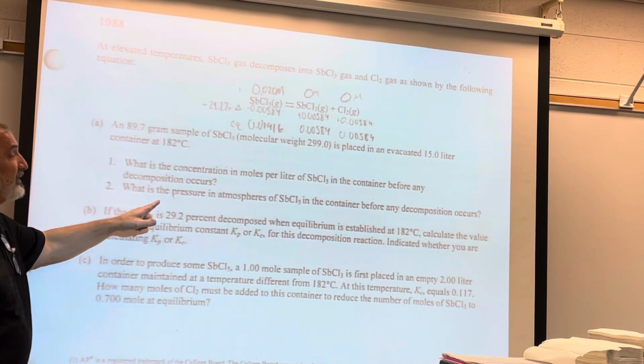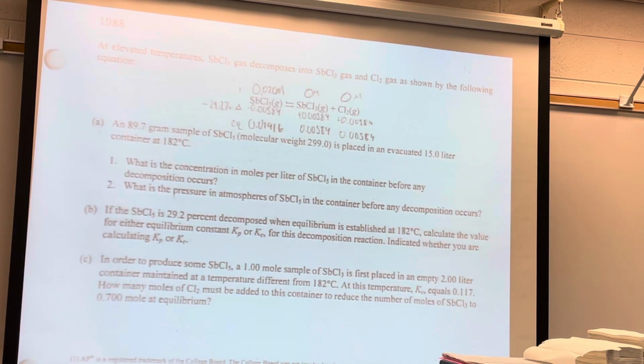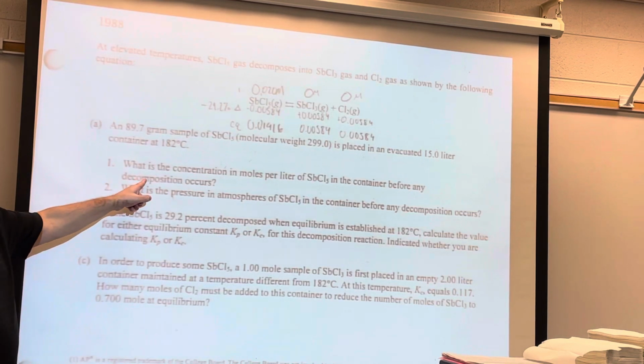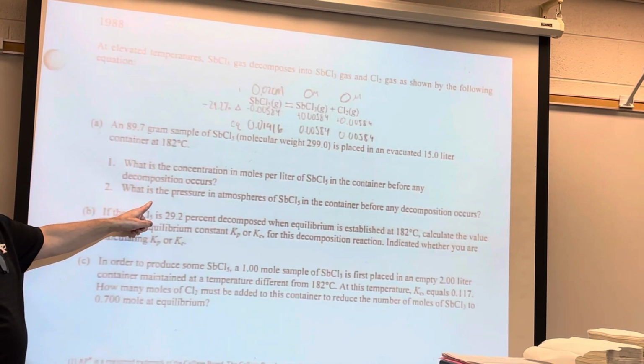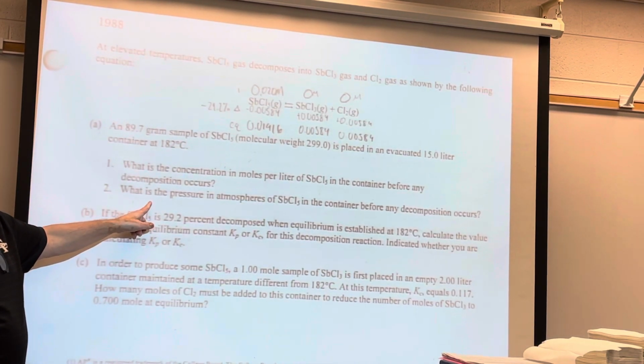Remember, PV is equal to nRT, so pressure equals n over V times RT. What is n over V? It's molarity, so pressure equals molarity times RT. To save yourself some time, you calculate the molarity, then just multiply by RT and get the pressure.